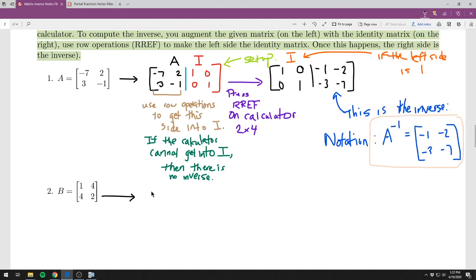If you miss one part, the formula is very short, and if you miss one part, it throws off the whole answer. There's not really much credit to give you. All right, but same thing here. If we want to figure out the inverse of matrix B, we join matrix B, 1, 4, 4, 2, with the identity matrix.